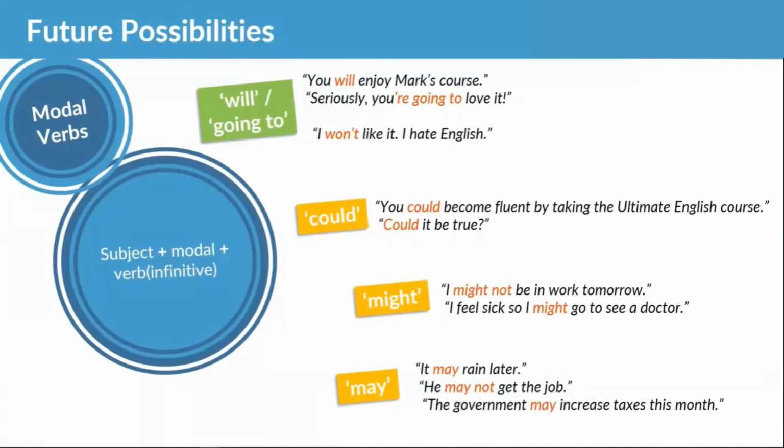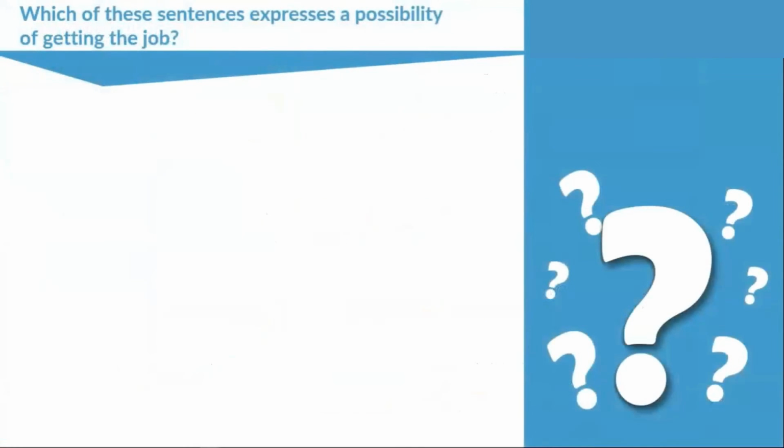The government may increase taxes this month. Okay, so it's more formal. And they are the modals of possibility. They're very simple to use. Okay, you might win the Shaw Academy 12-month membership in a couple of minutes. Who knows?